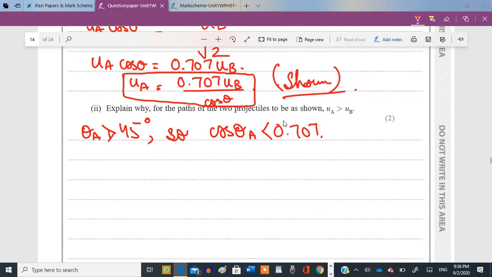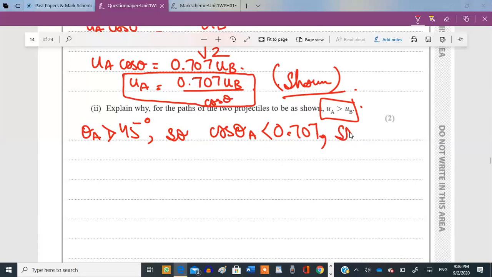Explain why for the paths of the two projectiles, UA must be greater than UB. Must be greater because the angle is larger than 45 and cos of theta is less than this.